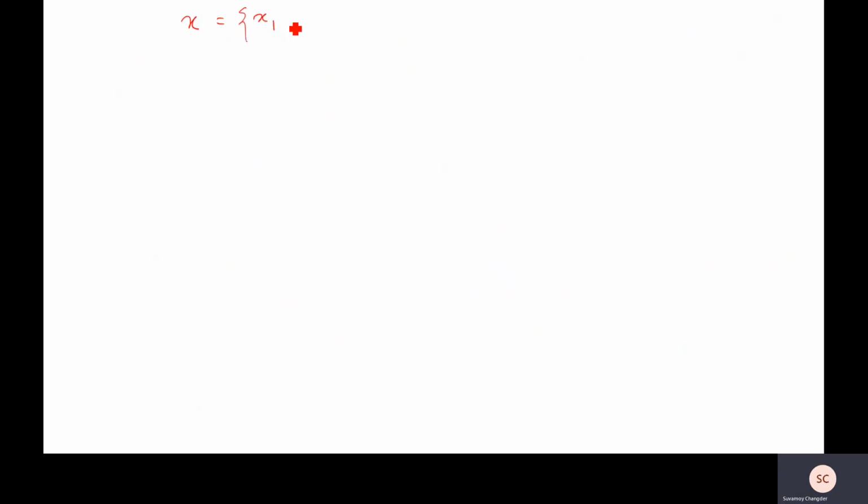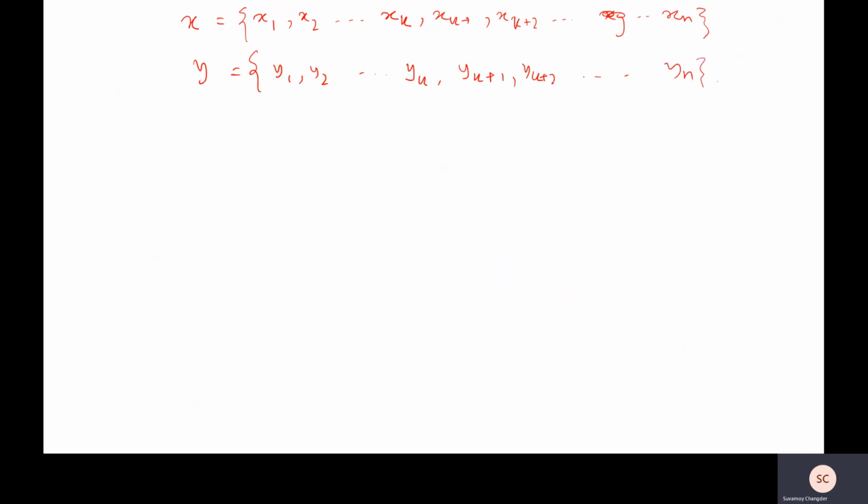I am writing x1, x2, dot dot xk, then xk plus 1, xk plus 2, dot dot xn. And y is another solution, y1, y2, here it differs, then yk plus 1, yk plus 2, and yn.